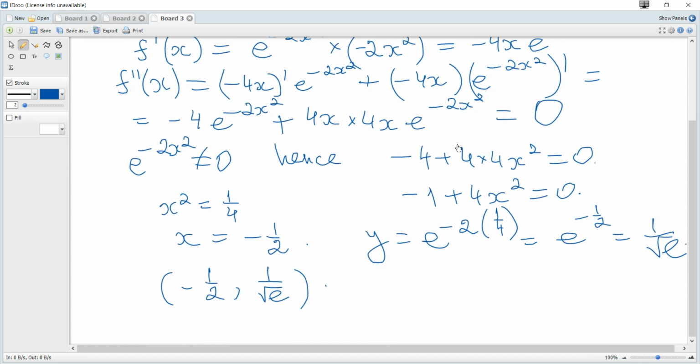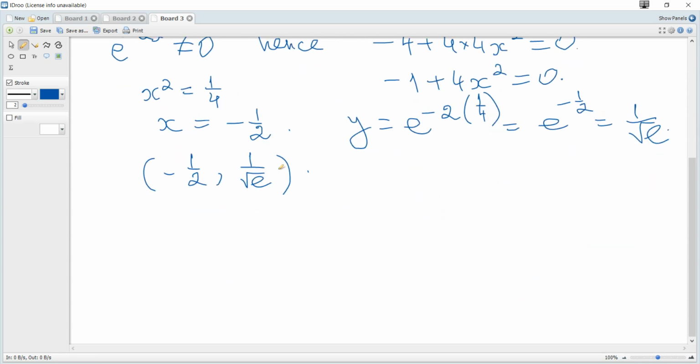How can we justify that it's a point of inflection? And actually, what is a point of inflection? A point of inflection is a point where the curve changes its concavity. We know that a function is concave up where the second derivative is greater than 0, or the first derivative is an increasing function, and concave down where the second derivative is less than 0.